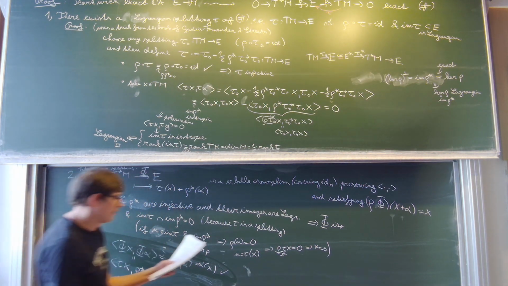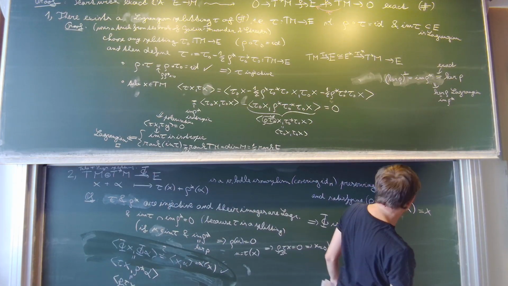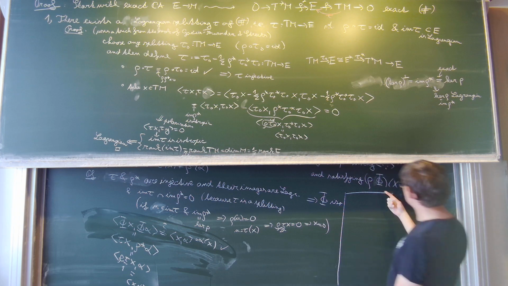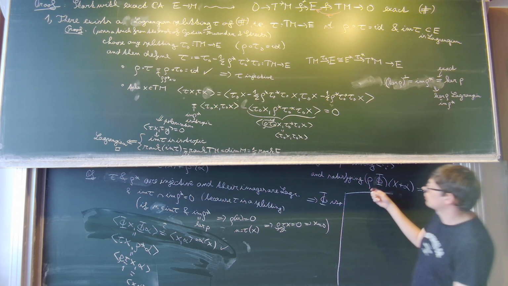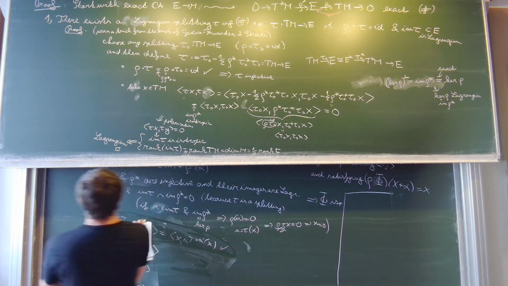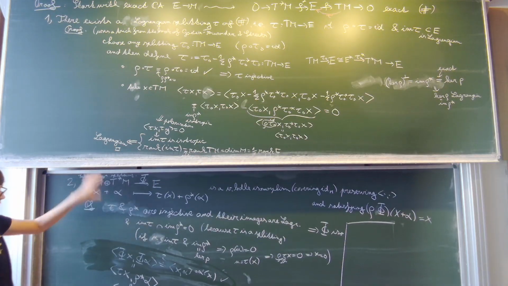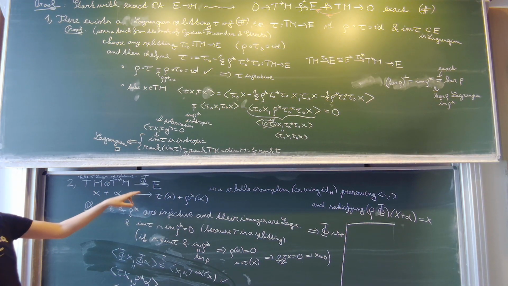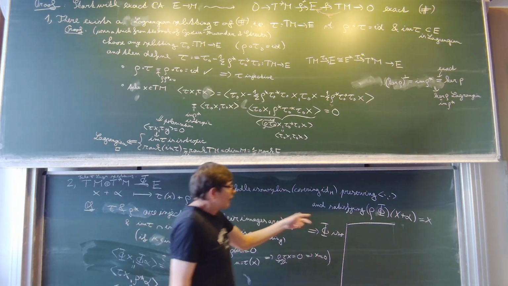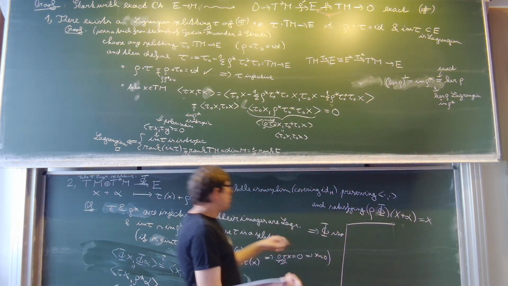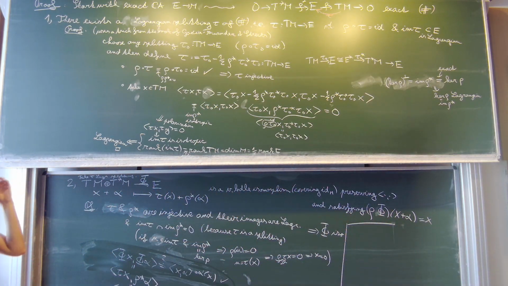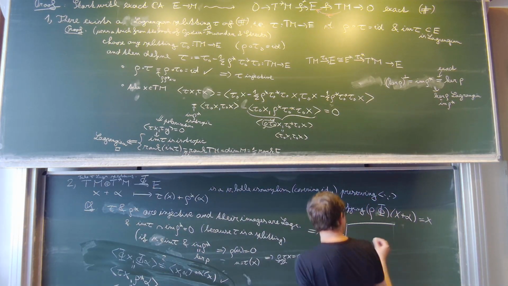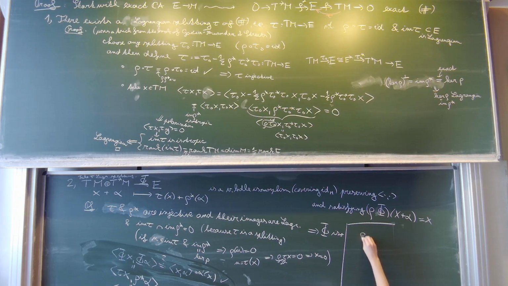And the last thing is to check this condition. So far I'm not working with brackets, so I'm not claiming any Courant algebroids. I'm just seeing both sides as vector bundles with pairing and some anchor map, and I'm saying that this map preserves the anchor map. That's what this statement is, and that should be easy to check.